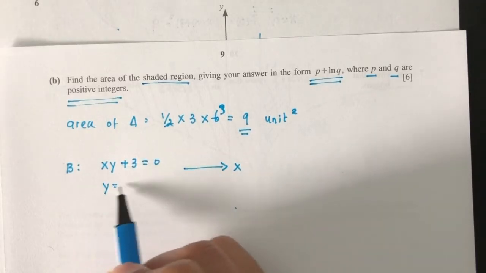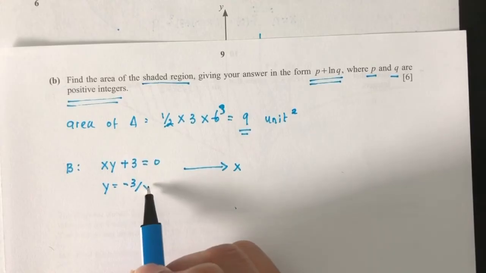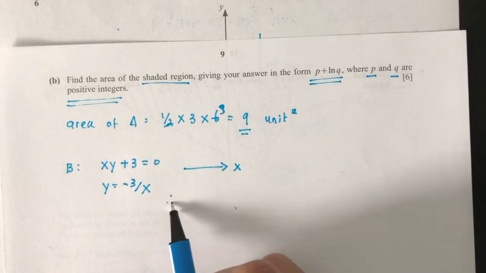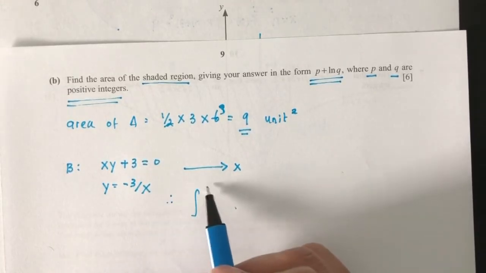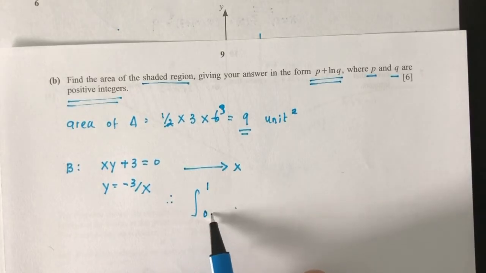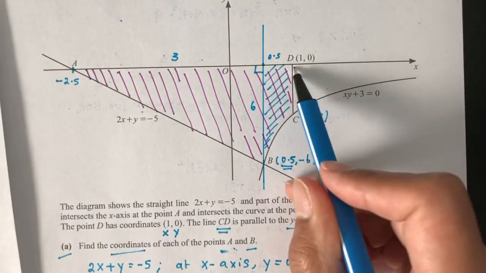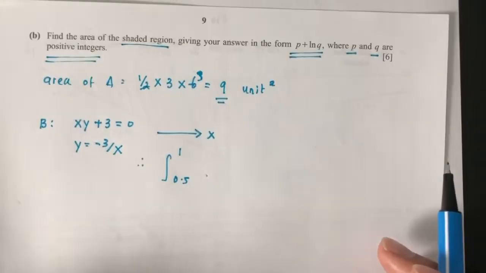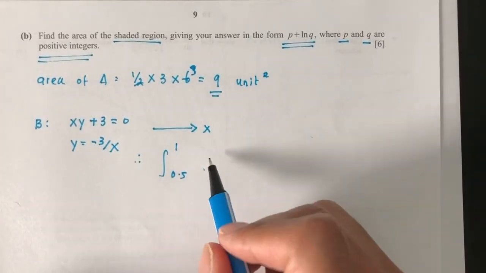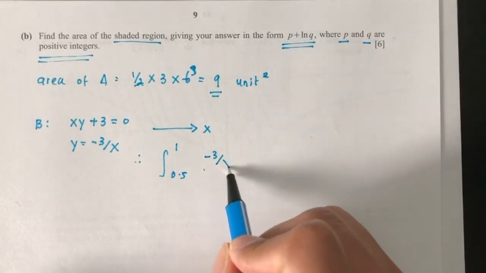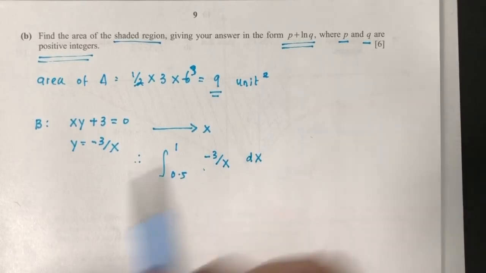So y becomes minus 3 over x. So the integration will be between the limits of 1 and 0.5, as you can see here, of minus 3 over x with respect to x.